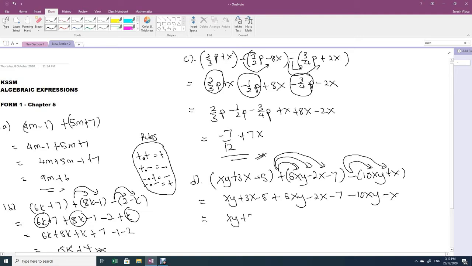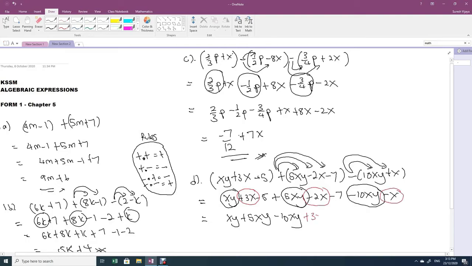So we have xy plus 5xy minus 10xy, arrange the like terms together. Then next you have to arrange the algebraic terms with the variable x together.